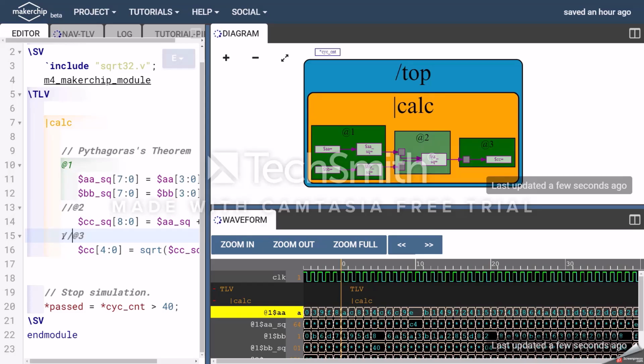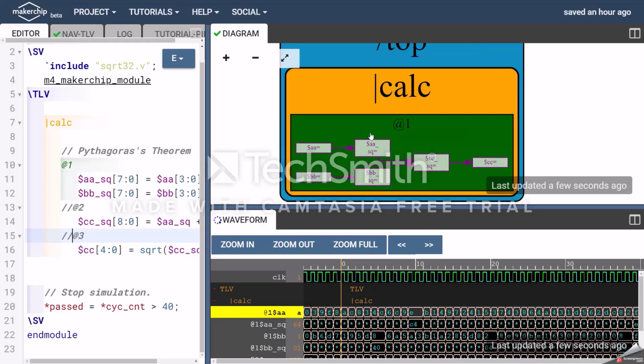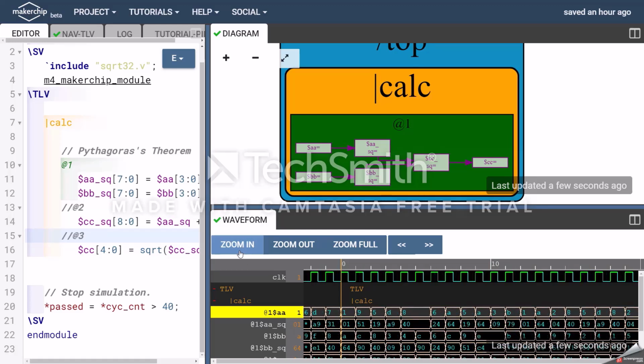put everything in the same cycle, put everything in stage one of the pipeline. So you can see here everything is in the same stage. It's just combinational logic computing Pythagoras' theorem, and we've just loaded in the waveform viewer. So we can pick a cycle here and look at the A and B values.